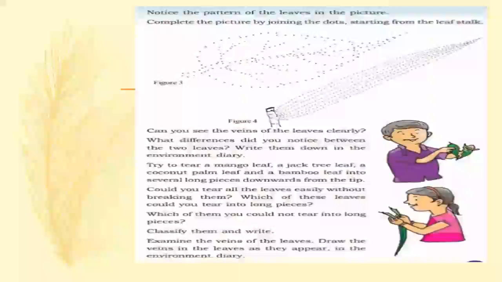Which of these leaves could you tear into long pieces? Which of them could you not tear into long pieces? Classify them and write. Examine the veins of the leaves. Draw the veins in the leaves as they appear in the environment diary.